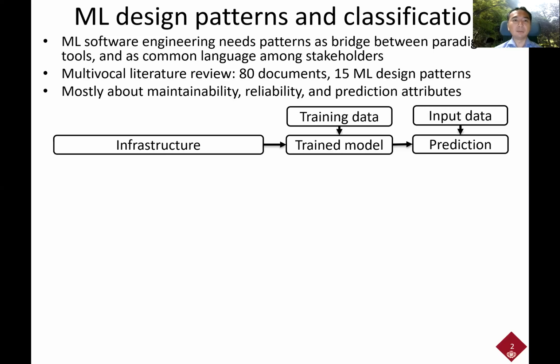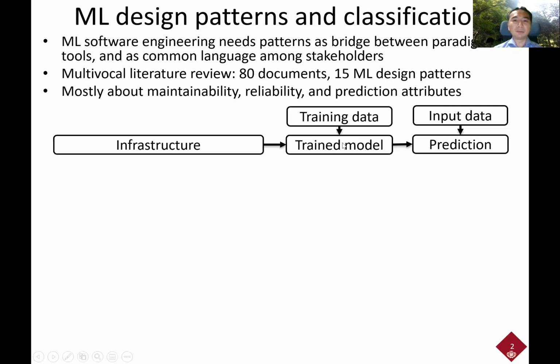Therefore, we conducted a multivocal literature review, and we identified 80 documents, and then we successfully extracted 15 machine learning software design patterns. We manually reviewed those patterns, and we found that mostly they address maintainability, reliability, and some prediction attributes such as accuracy and also robustness of machine learning models.